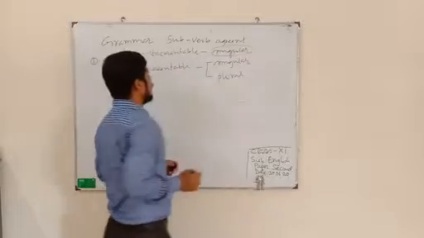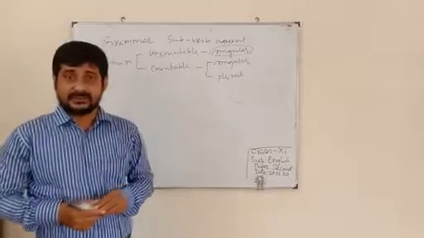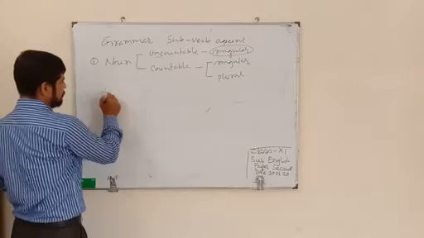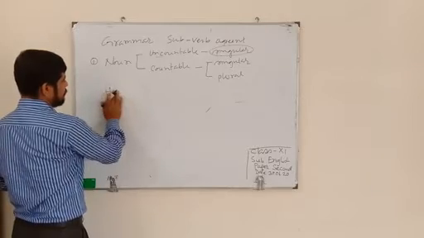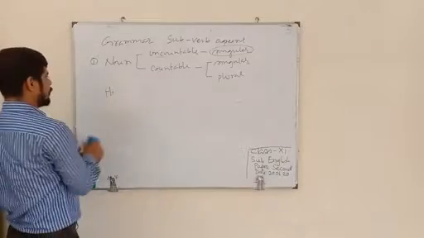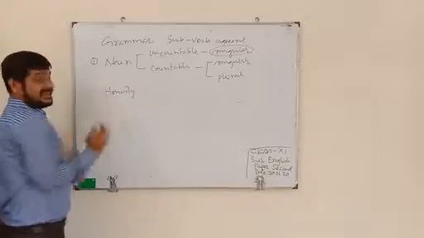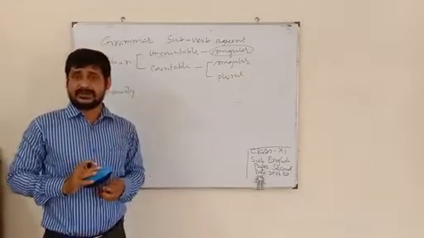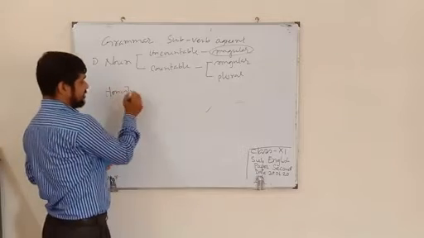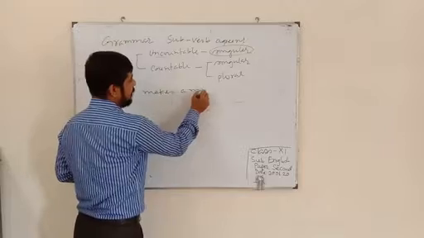So after an uncountable noun, we have to use a singular verb, such as honesty. Honesty is an uncountable noun. So after this, we have to use a singular verb. Honesty makes a man great.